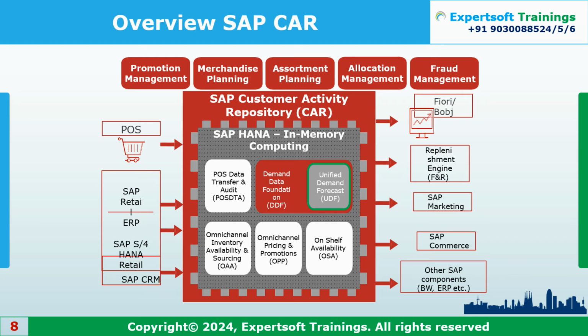In addition, as we discussed, we have POSDTA, UDF, OPPOA, all this. And after the planning and other things, I can send that data to my different third party systems, like the availability data. I can send it to my e-commerce system, like Hybris or any other e-commerce system, or I can have a marketing system.